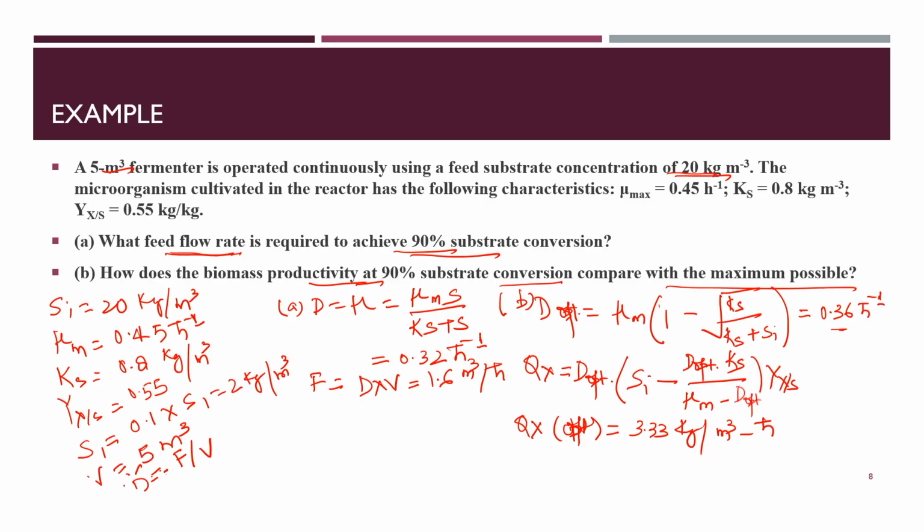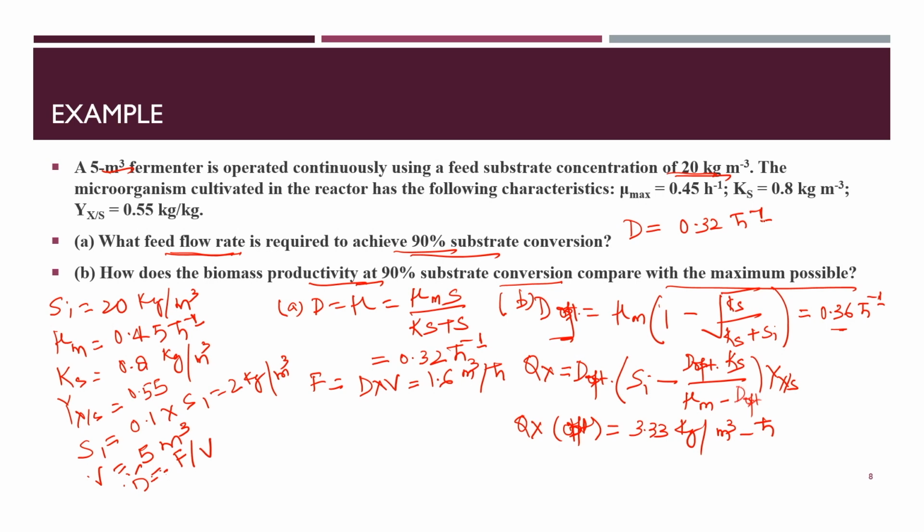Now, how does it compare when D is not D optimum? Then again we can quickly calculate what the Qx value should be at the value of D which we calculated in part A. In part A, the value of D was 0.32 hour inverse.